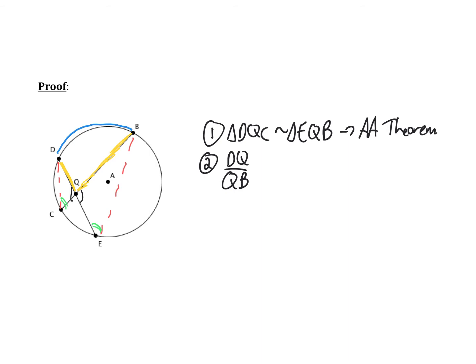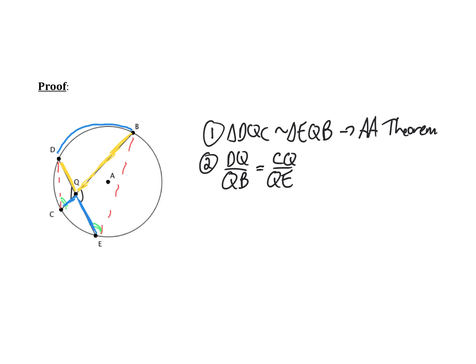That should be equal to CQ over QE. Let's take a look at those. CQ being the side in between the vertical and inscribed angle, and QE also being the same in that larger triangle.